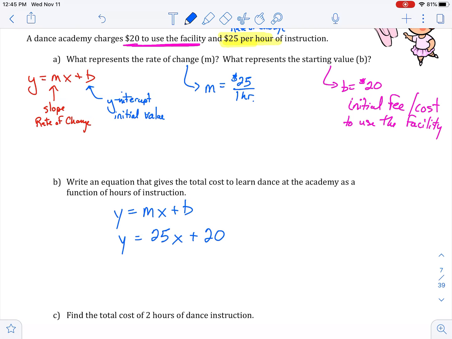They didn't have us define variables, but it's very important that we understand what x represents: the number of hours of instruction. And y represents the cost of dance instruction.